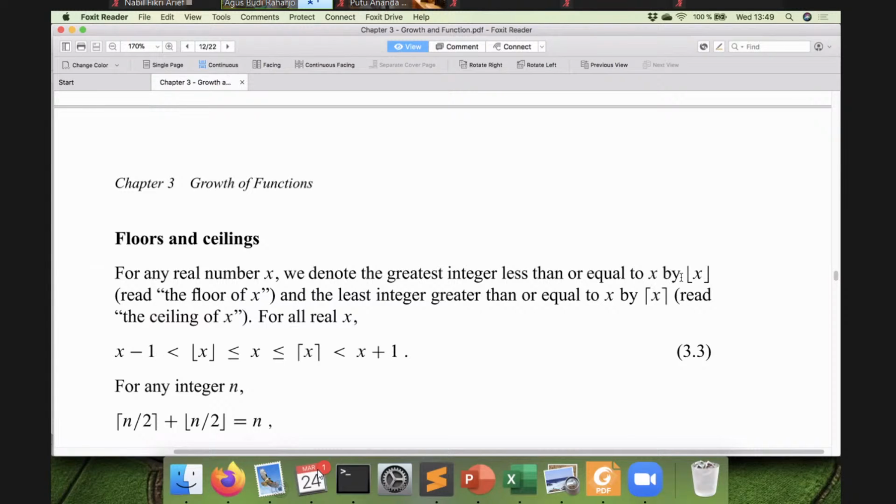It's like lower bound and upper bound, but it's different. Lower bound and upper bound are terms used for the notation in this course, but in this case it is ceiling and floor.